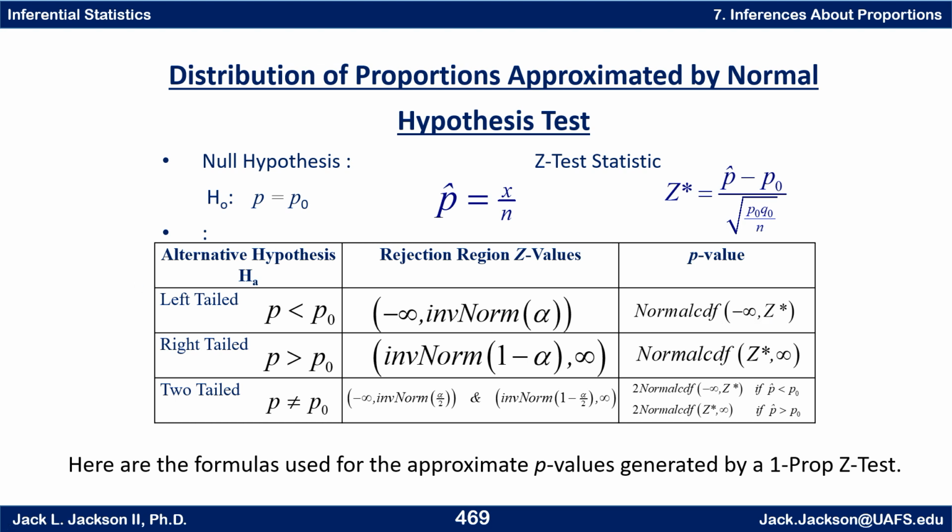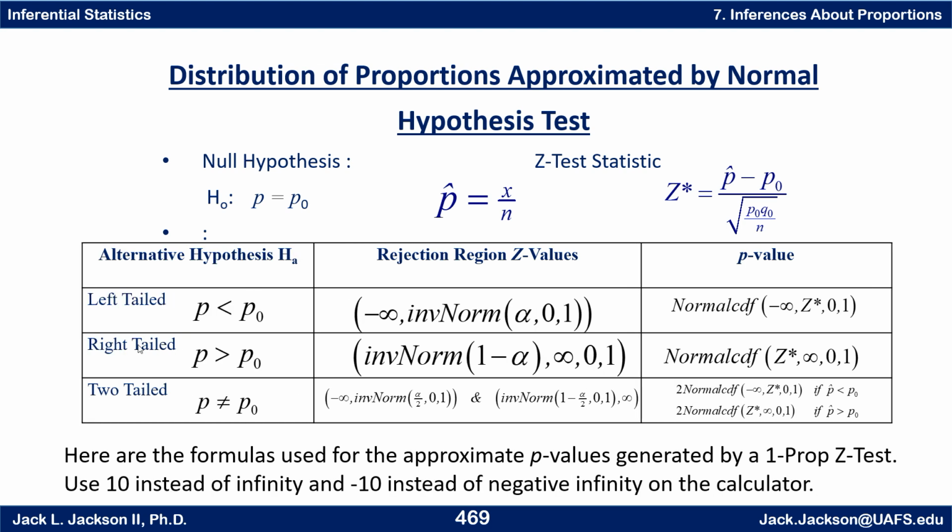And all of these are from a standard normal distribution. So I just put in the 0, 1 there to remember that it's a standard normal distribution with mean 0, standard deviation 1. And of course, where I have infinity, we know that with a standard normal distribution we can use 10, and for negative infinity you can use negative 10 when we put this in our calculator, and the approximations work out just fine.